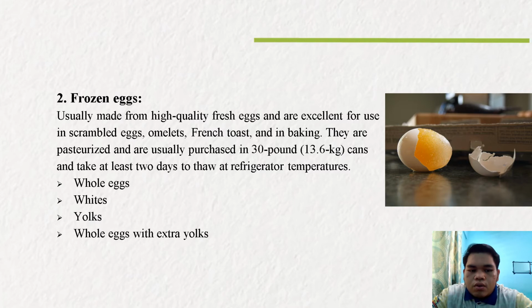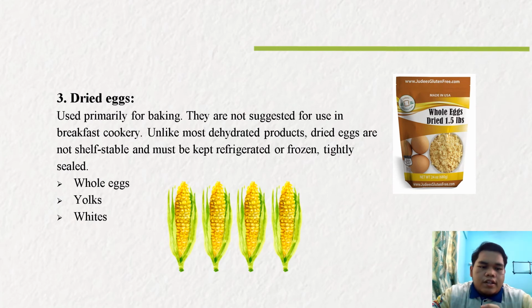For example, whole eggs, whites, yolks, and whole eggs with extra yolks. Okay, the last one is dry eggs, used primarily for baking. They are not suggested for use in breakfast cooking. Unlike most dehydrated products, dry eggs are not shelf stable and must be kept refrigerated or frozen tightly sealed. For example, whole eggs, yolks, and whites.